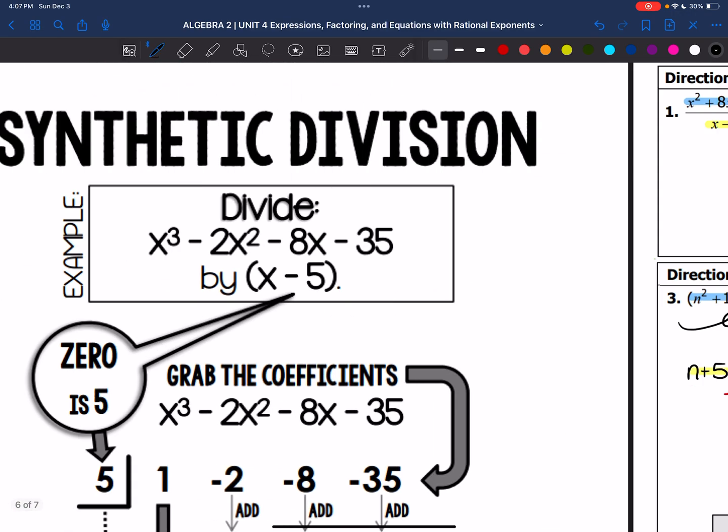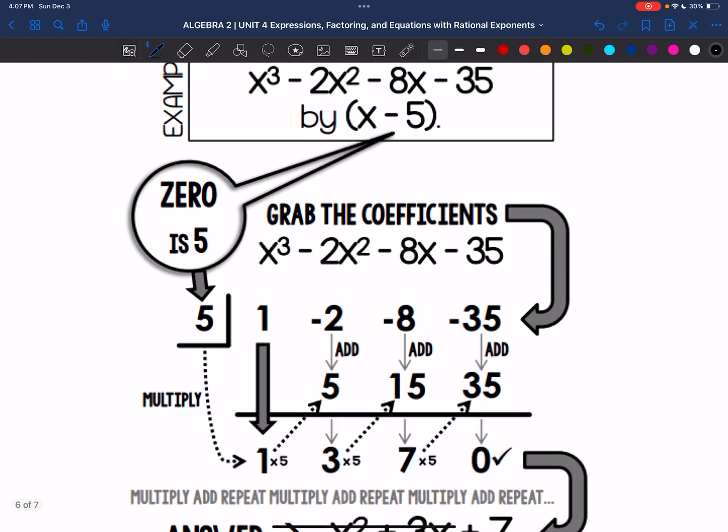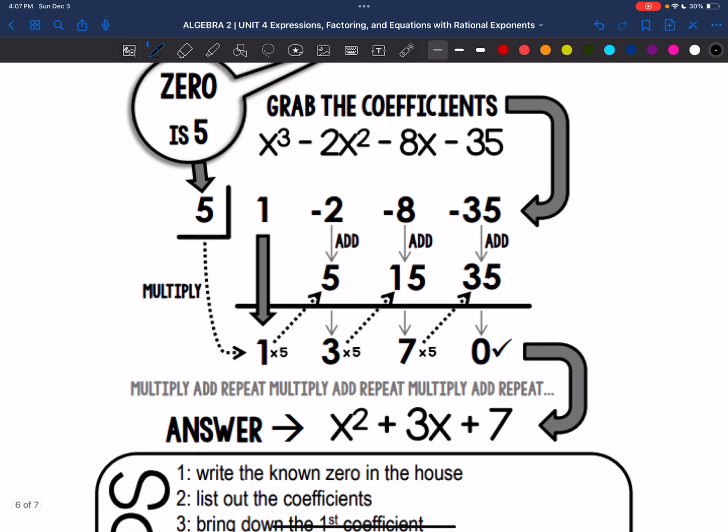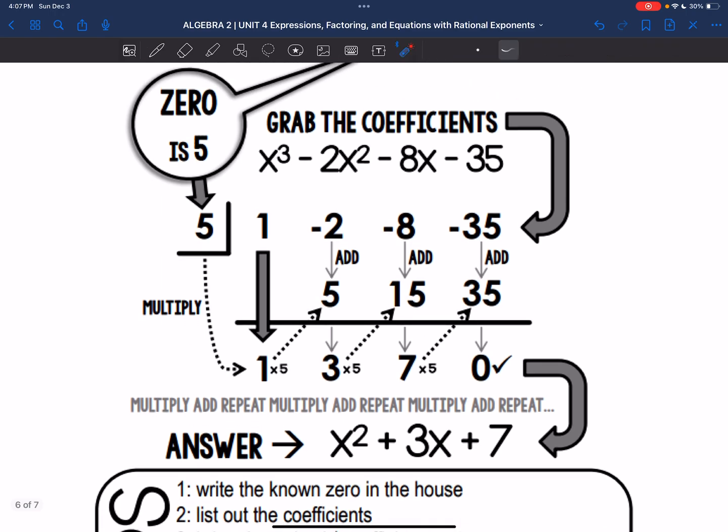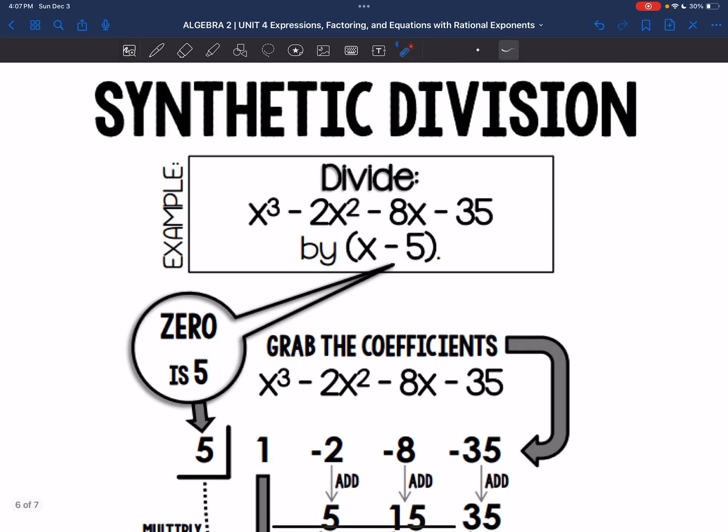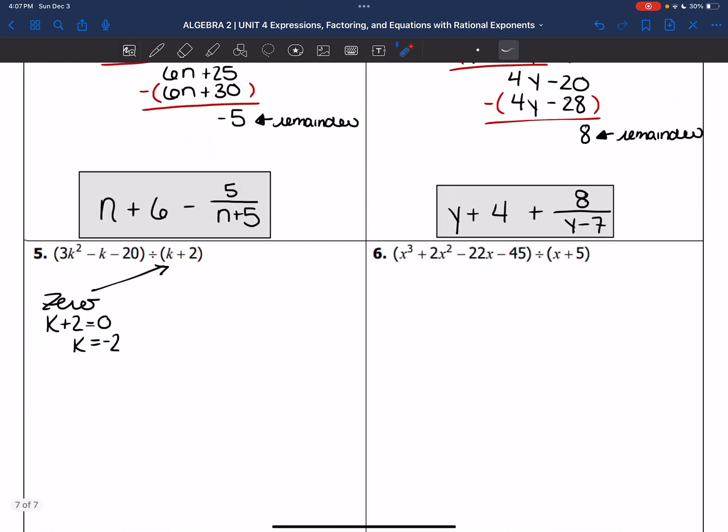Then once we find our 0, we're going to put that in this little box, in front of where I'm going to list out all the coefficients of the polynomial that I'm dividing. So in the little box, I'm going to put my -2.